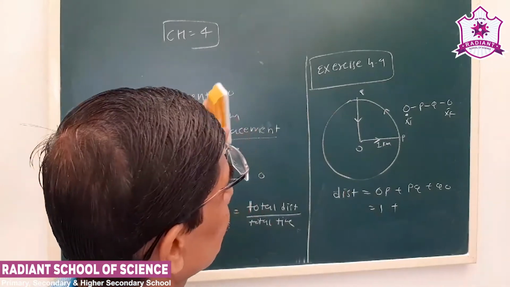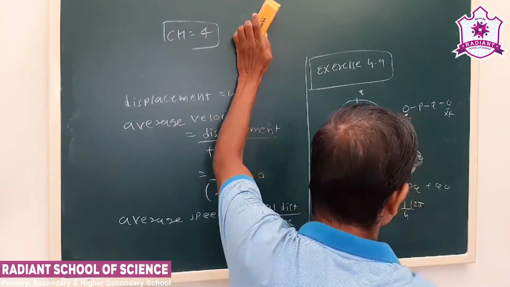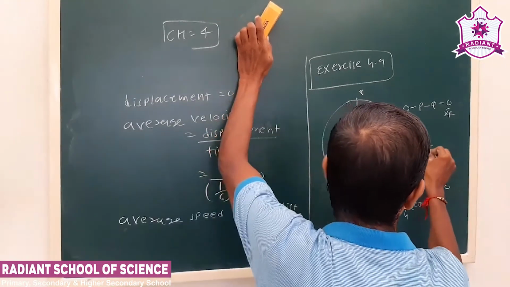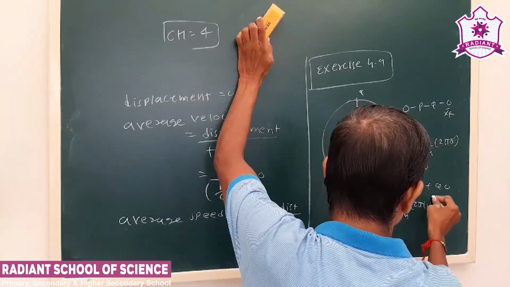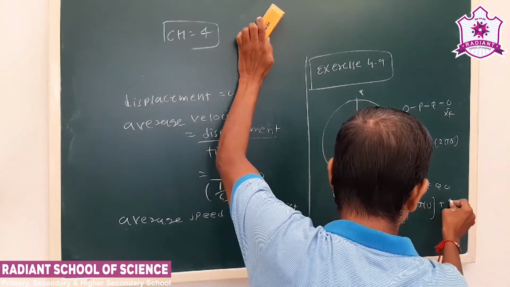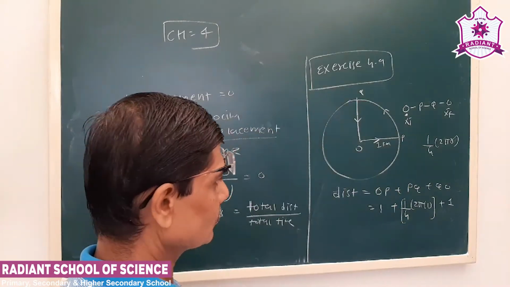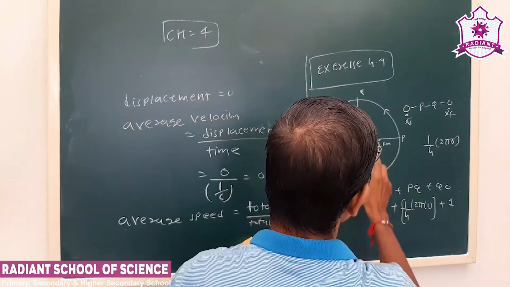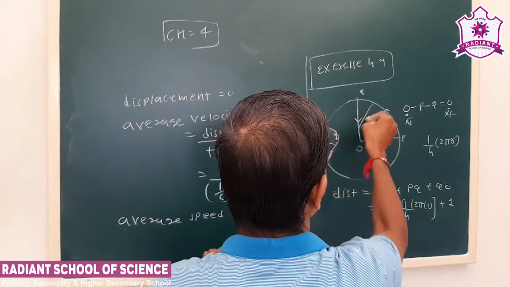See, this is 1/4 of a circle. That is 1/4 of 2 pi r. Okay. 1/4 of 2 pi r. Now radius is 1. Now QO is again a radius. Okay. So OP is 1 kilometer. PQ is 1/4 of the total circle.